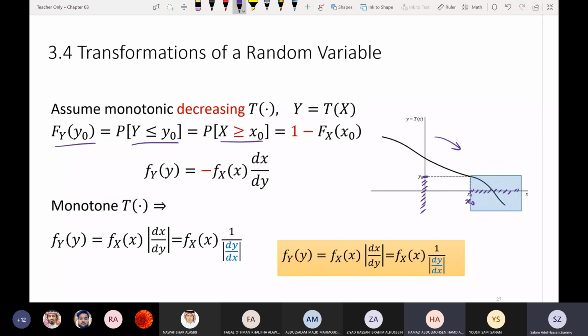واضح يا شباب؟ The opposite now, because this decreases. So as we go Y less than y0, as we go down, we are going up in X. X is larger than or equal to x0. And this probability is equal to, by definition, 1 minus F_X(x0).